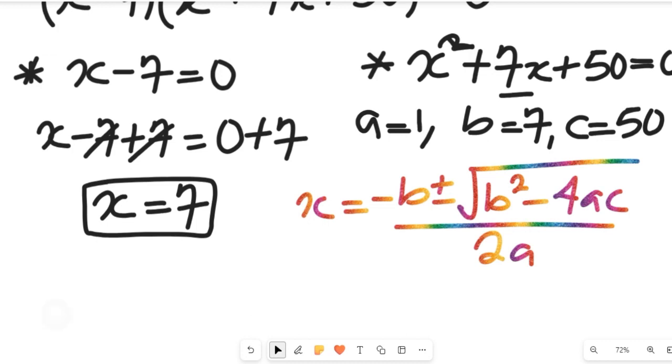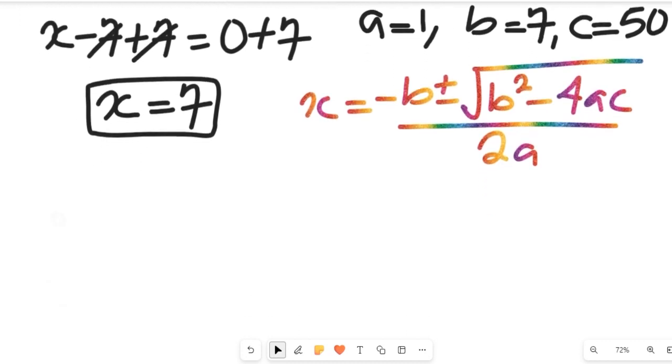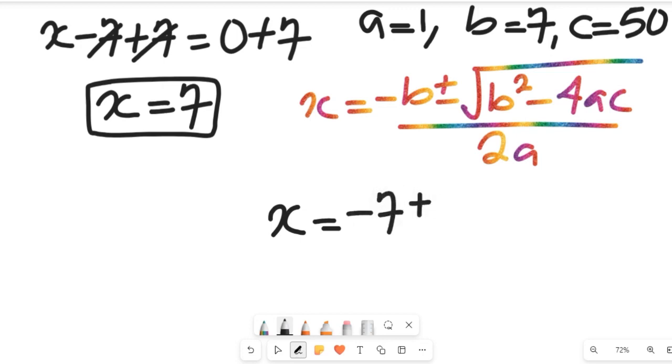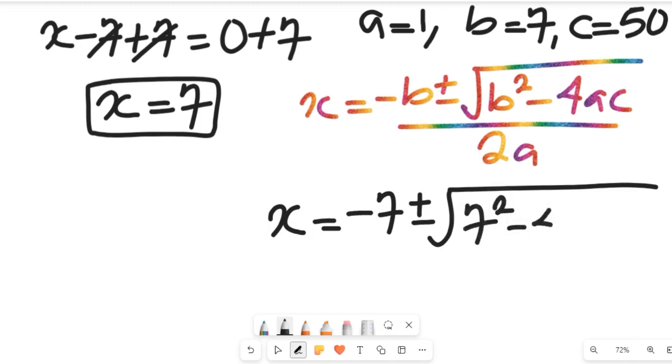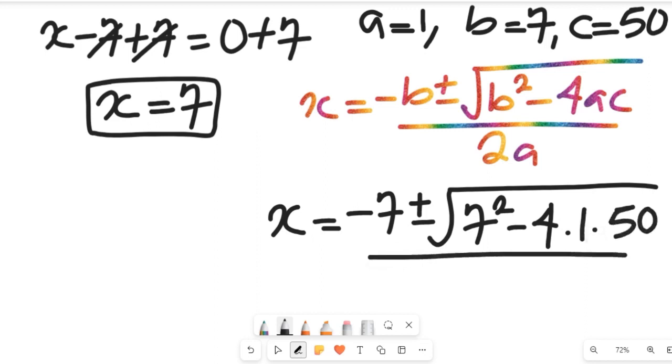So if we substitute the values of a, b, and c into that expression, we'll have x equal to minus 7 plus or minus the square root of 7 squared minus 4 multiplied by 1 multiplied by 50, divided by 2 multiplied by 1.